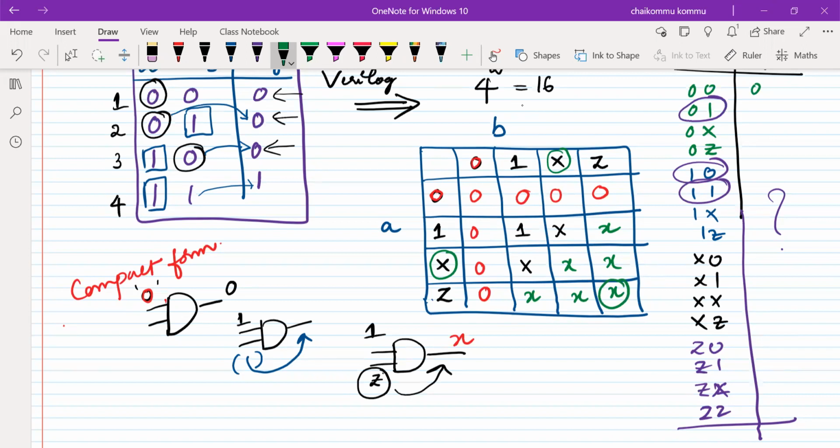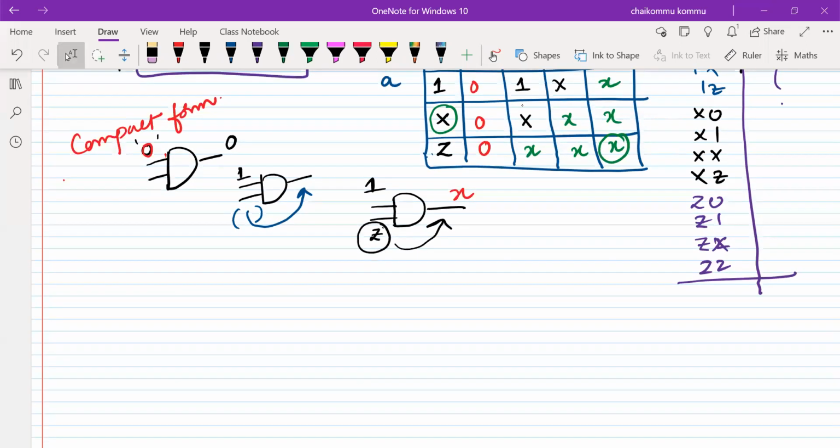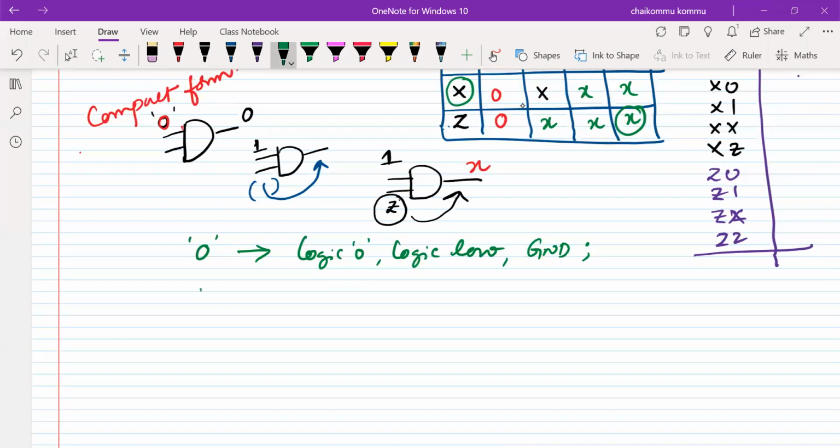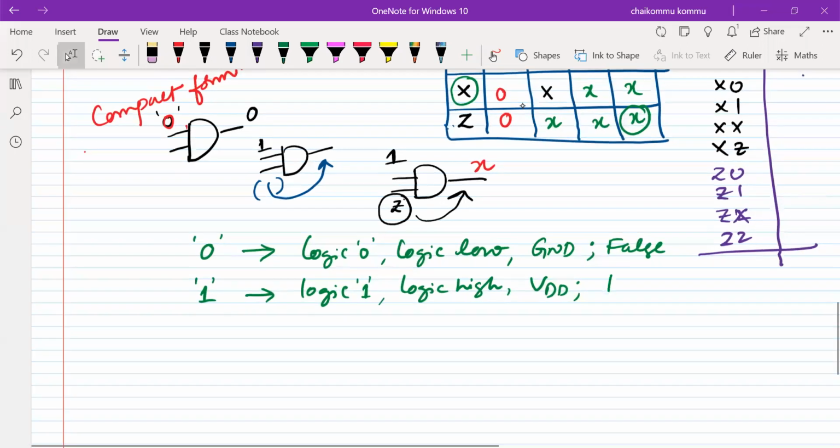Clear? By the way, I want to give a small clarification on this. What do we mean by logic 0? Logic 0 stands for logic low, or sometimes people call it ground. Logic 1 stands for logic high, or VDD, and sometimes people call it true, and logic 0 false.